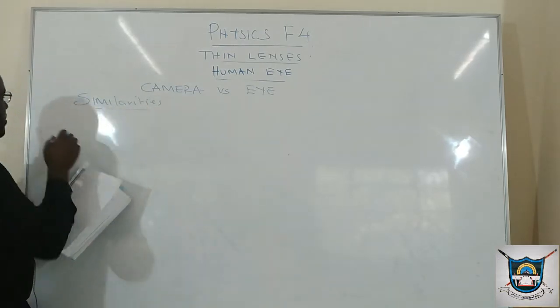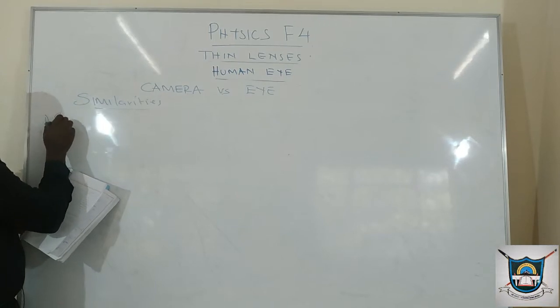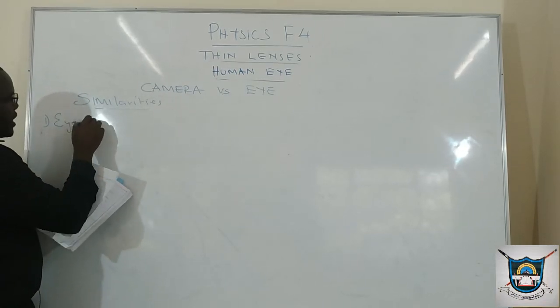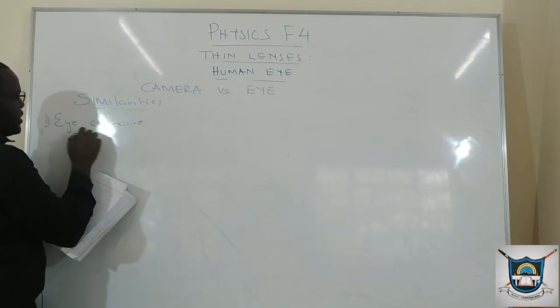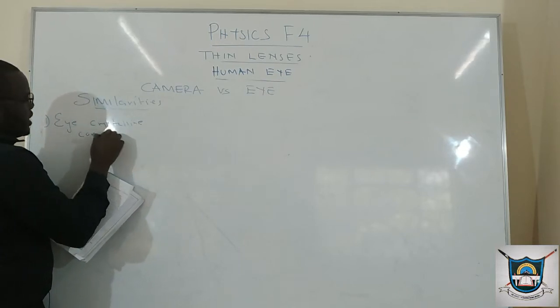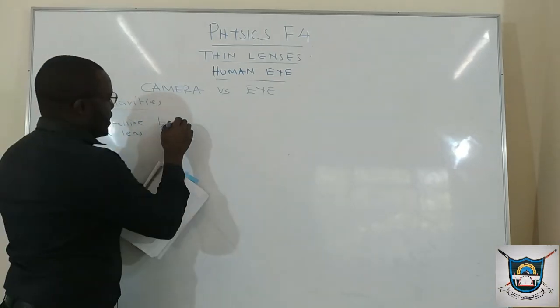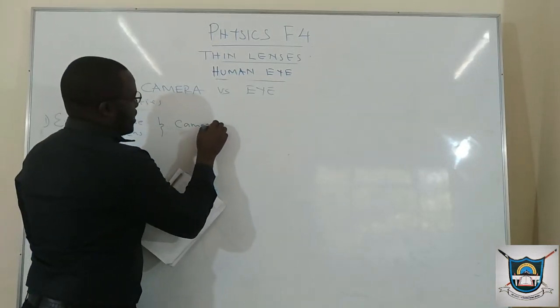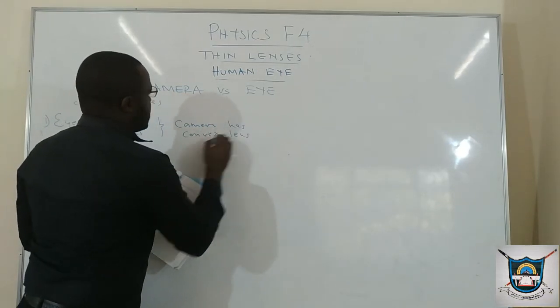So the similarities, number one, we say that the eye has what we call a crystalline lens, a convex lens, and at the same time, the camera has a convex lens. That is one similarity.